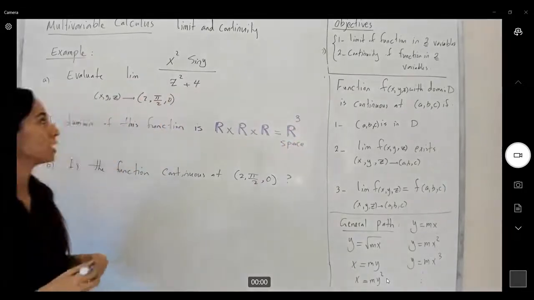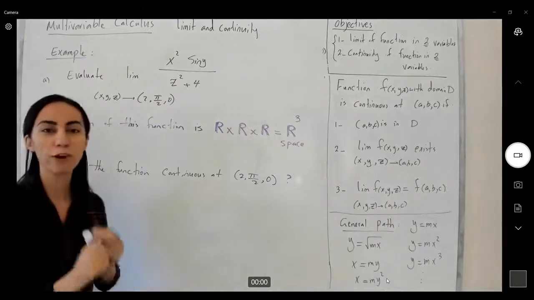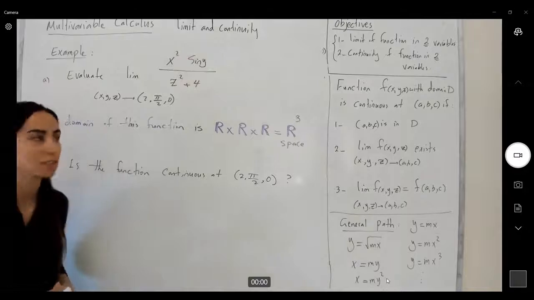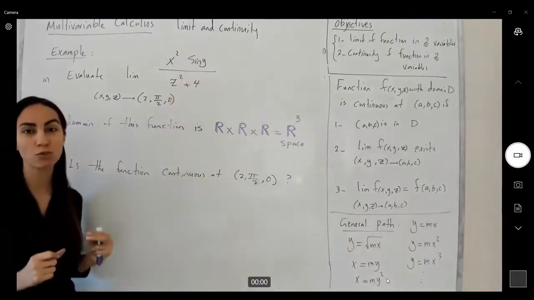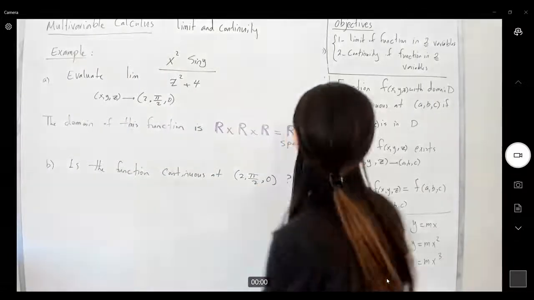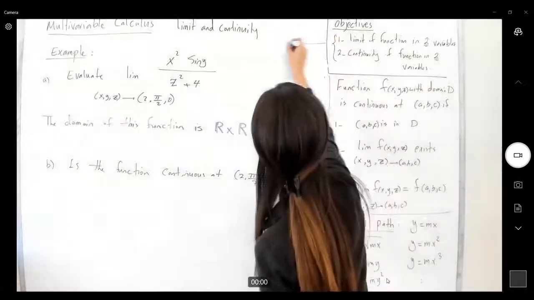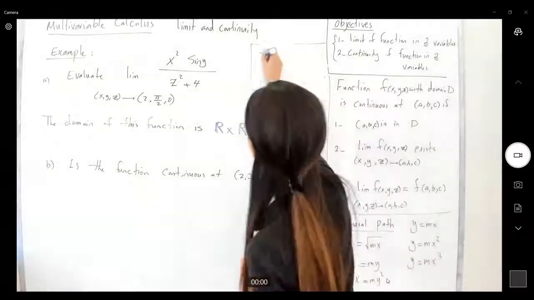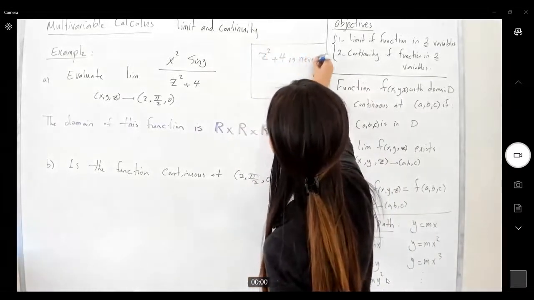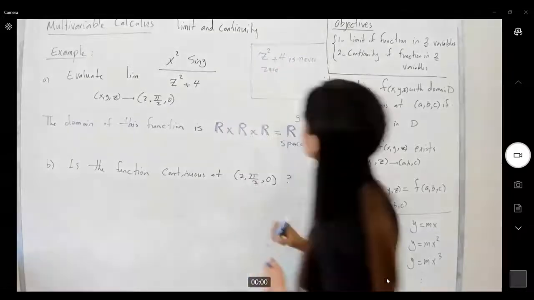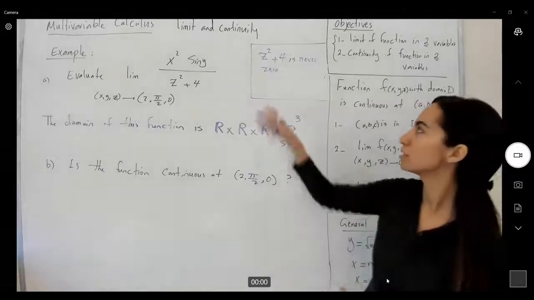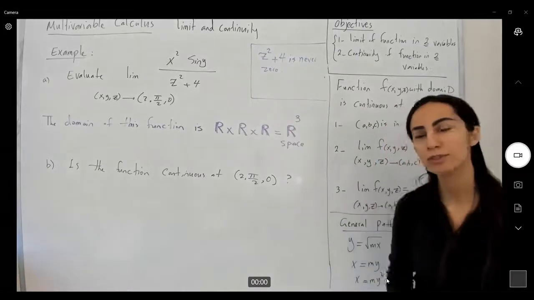What's the meaning of that? It means that you are allowed to plug in any number you like for x, y, and z. On the denominator, you have z squared plus 4, which is never 0. Let me write the note for you here: z squared plus 4 is never 0. If I plug in 0, it's 4. If I plug in 2, it's 8. If I plug in negative 2, it's 8.